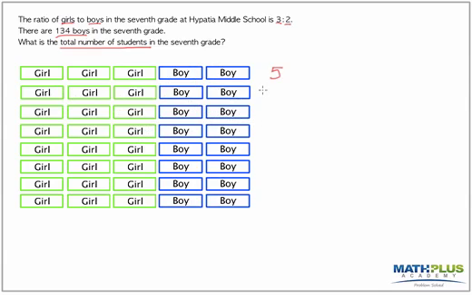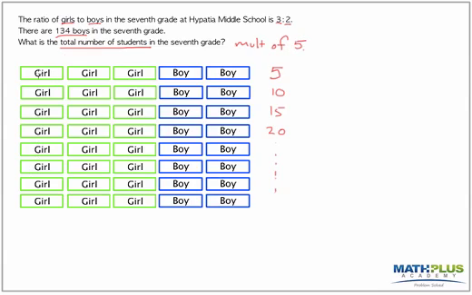Okay, and it becomes clear if we just start counting up the students. In the first row, you have 5. If you add in the second row, you'll have 10 total students, and then 15, and then 20, and so on. And so it becomes obvious that the total number of students has to be a multiple of 5. All right.